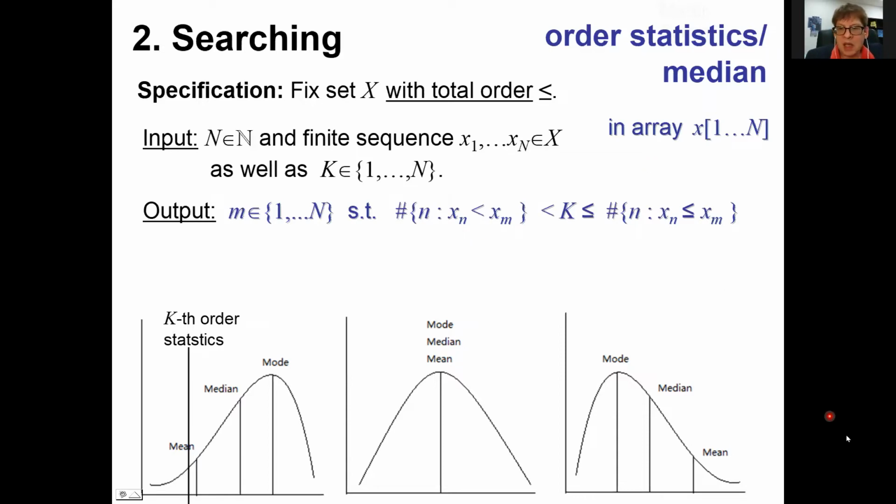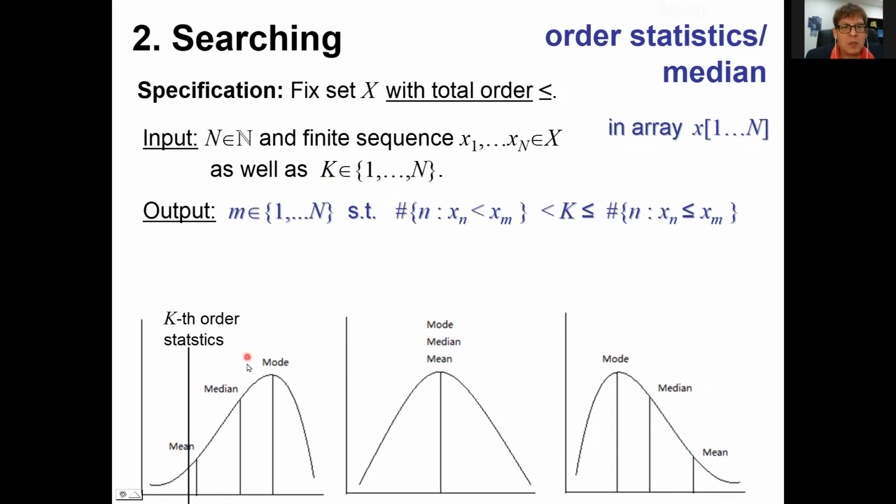And that allows us finally to specify the median and more generally the order statistics problem. The input is a finite sequence of elements equipped with a total order, so that we can even speak about being smaller or larger, and this parameter k.